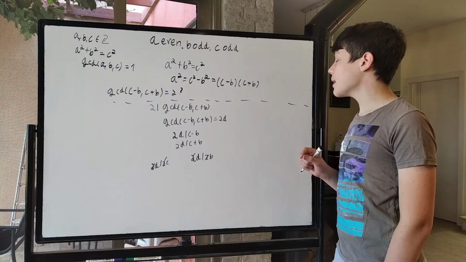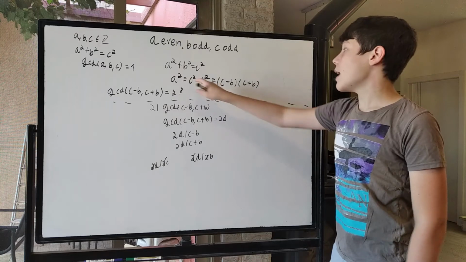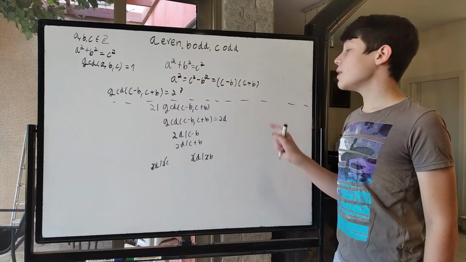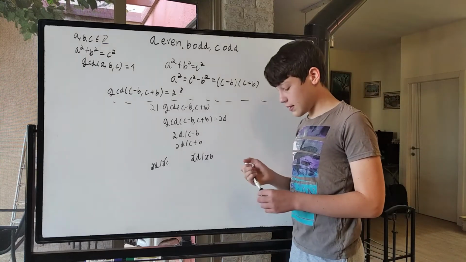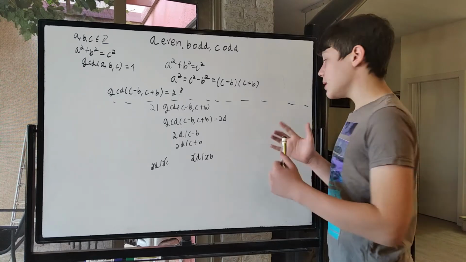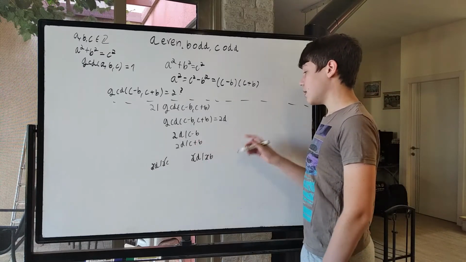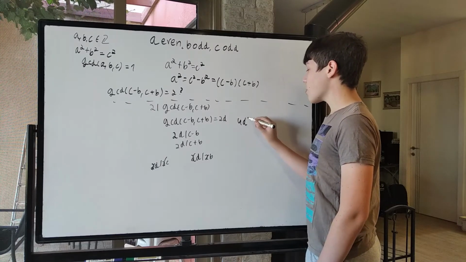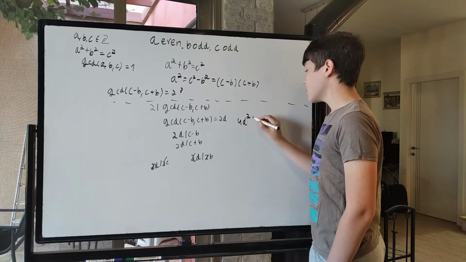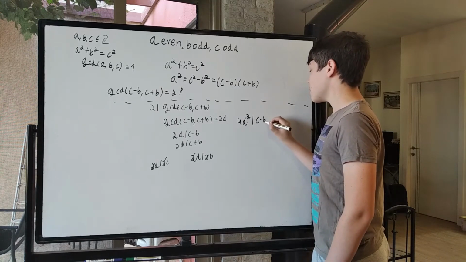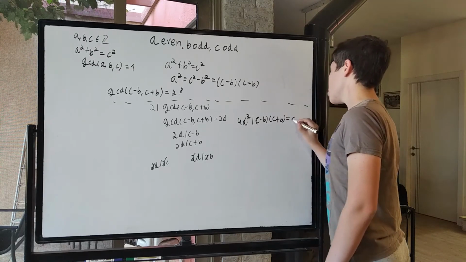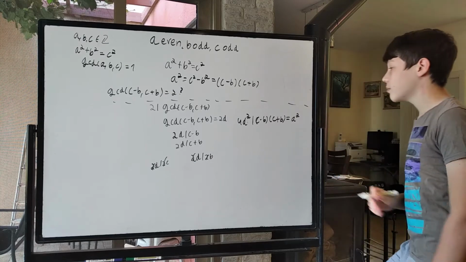Very simply because this A squared is C minus B times C plus B. If 2D divides C minus B and 2D divides C plus B, then it has to be the case that 4D squared divides their product. So 4D squared divides C minus B times C plus B, which just so happens to be A squared.